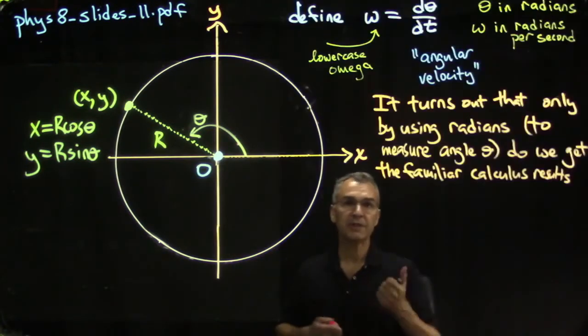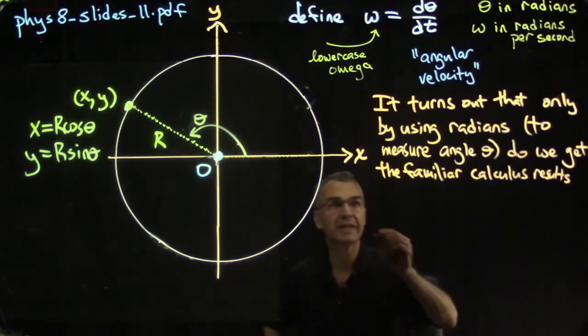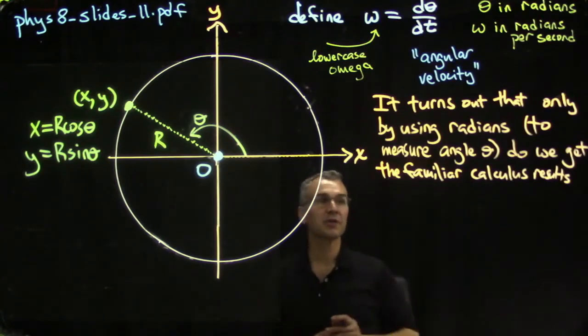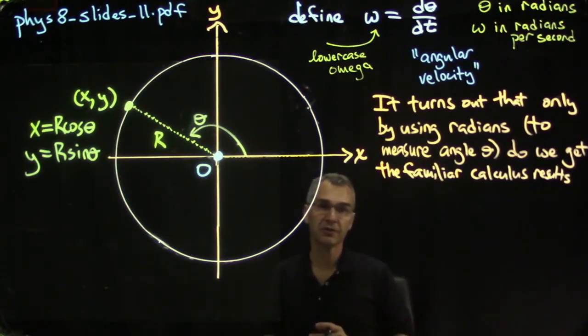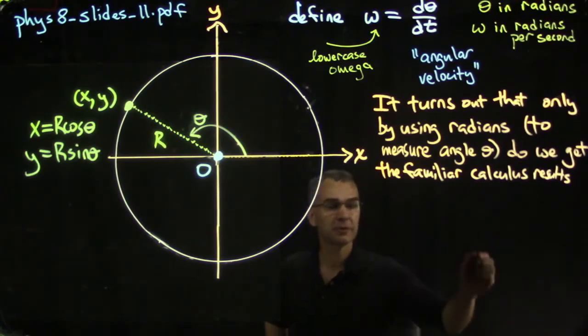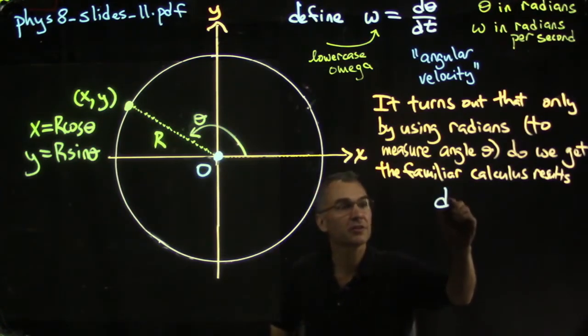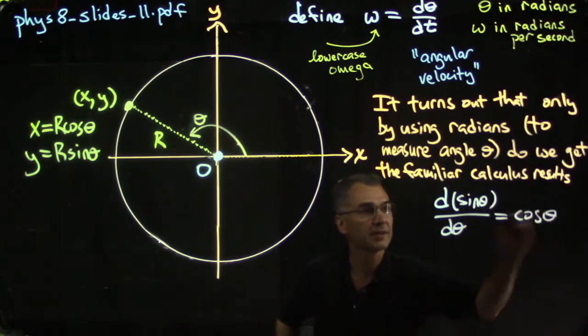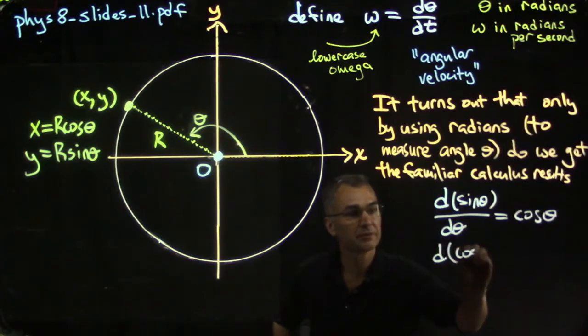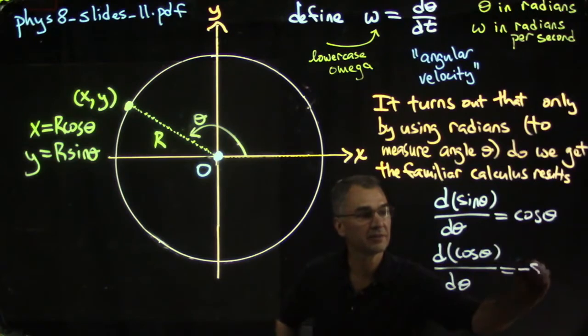The reason we want to use radians is that only by using radians to measure the angle theta, rather than degrees or revolutions, do we get the familiar calculus results that the derivative of sine theta with respect to theta is cosine theta, and the derivative of cosine theta with respect to theta is minus sine theta.